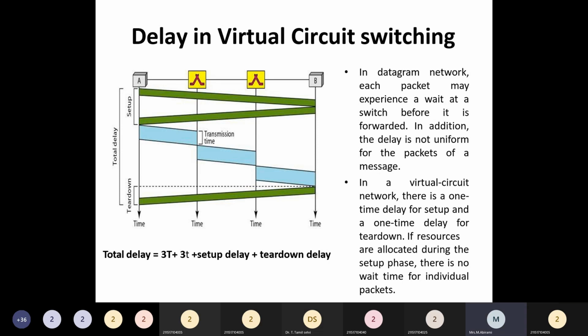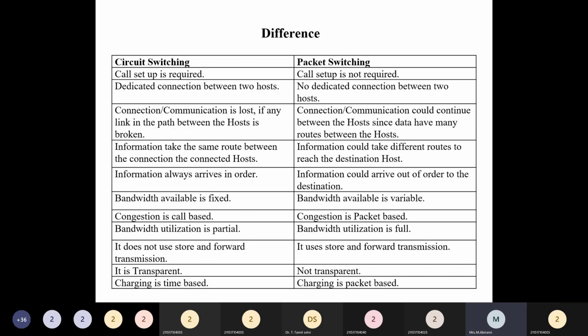This is the delay time of packet switched network and virtual circuit switching network. So finally, in this slide, we see the difference between circuit switching and packet switching.